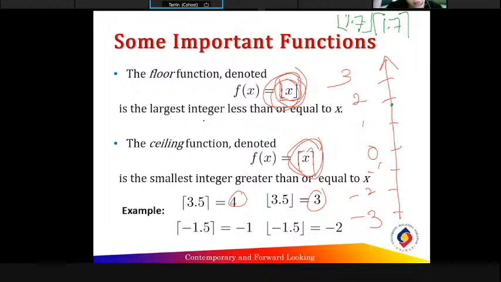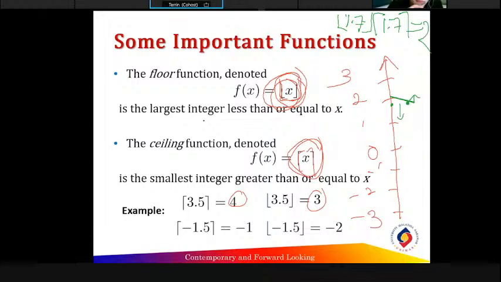The ceiling function says that you're going to rise to the next integer. The floor function basically says you are going to sink to the next integer. So the ceiling of 1.7 is 2, the floor of 1.7 is 1.